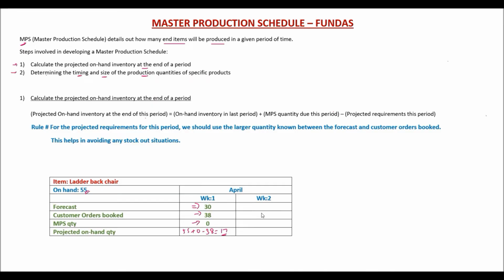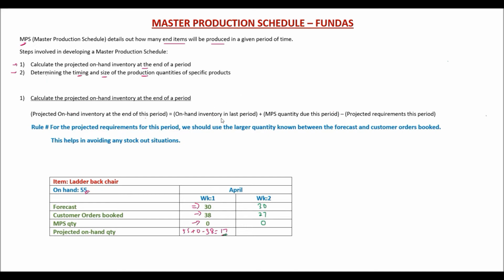Now let's similarly look at week 2. So let's say the forecast was 30 units and the customer orders booked is 27 units, and the MPS quantity, as you know, is 0. Let's say you are not aware of any MPS quantity to be received. Now what is the projected on hand? So at the end of week 1 you had 17 units.